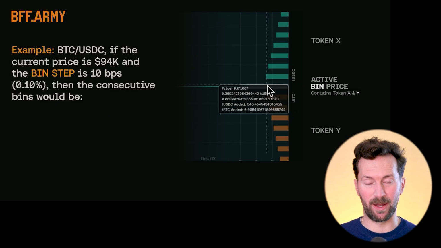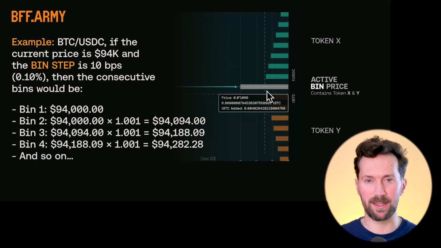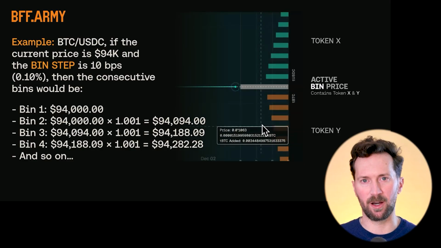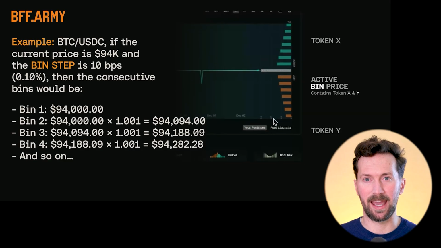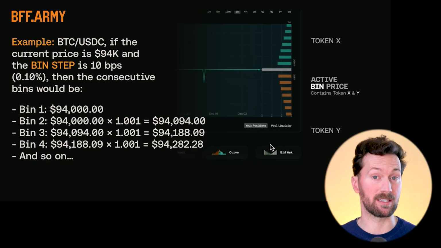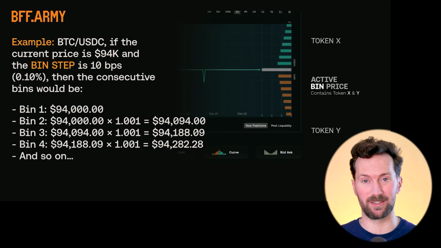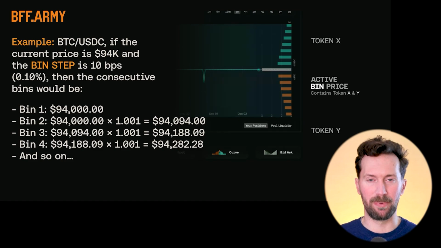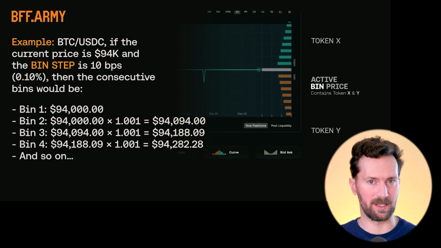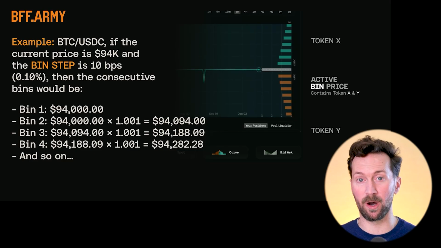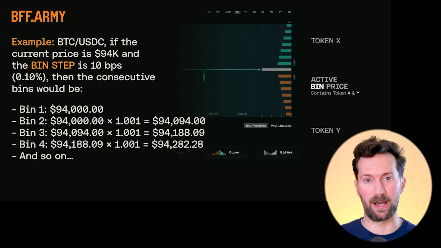Now let's anchor that with a concrete example. In this example, BTC over USDC is sitting at 94,000 in the active bin, and the bin step is 10 basis points or 0.10%. With bin 1 at 94,000, bin 2 would be at 94,000 times 1.001, equaling 94,094.